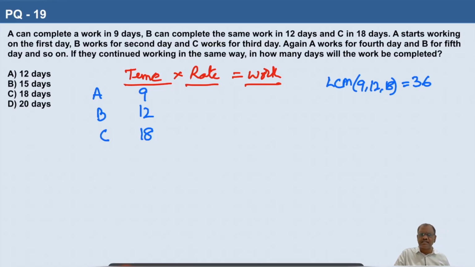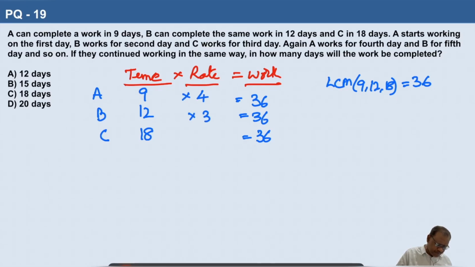So 36 is the LCM. Total work is 36 units in all the 3 cases. 36 is divisible by 9 4 times. This is 3 times. This is 2 times.